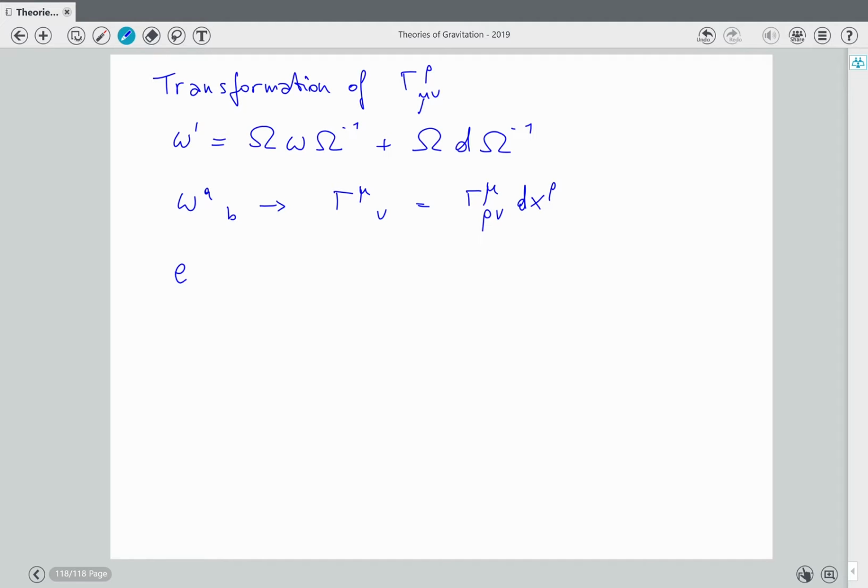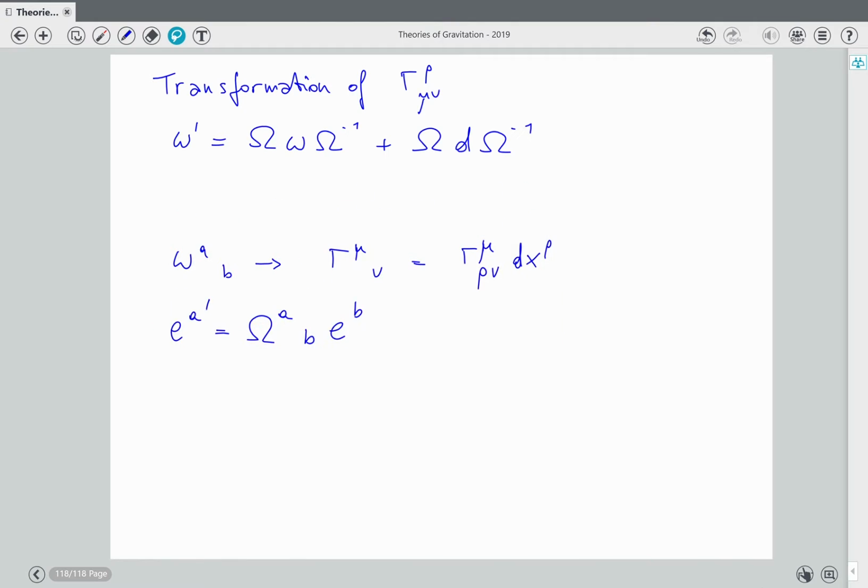And then, as far as the change of basis is concerned, you check what this omega should be. So instead of e^A you have the forms dx mu. So here you have to check what the change of basis will be by working out that omega.